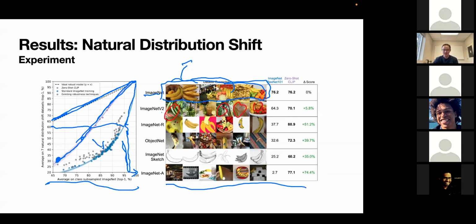And for ImageNet Sketch, this one is just a comic style of banana, and I don't think the model can do this well. So they also just test many possible distributions of bananas.